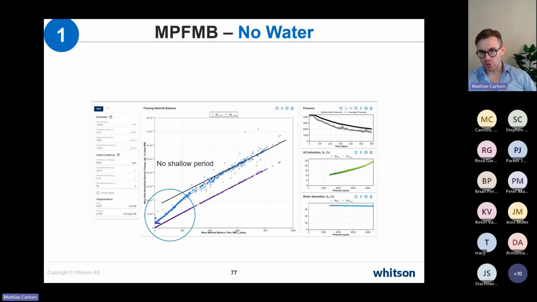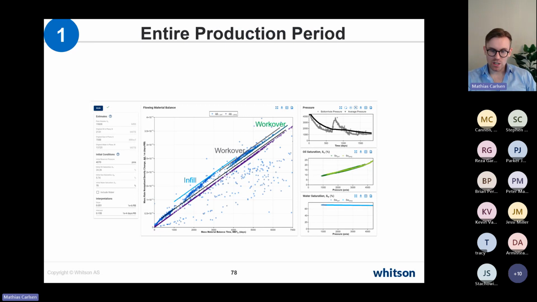If you bring in the whole history for this particular well, we see that there's an infill period, a couple of workover periods, etc. Except for small transients when we're including the energy from these infill wells, the slopes basically come back on a similar slope.